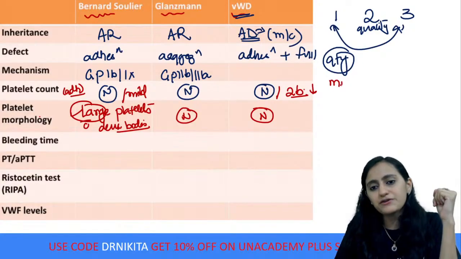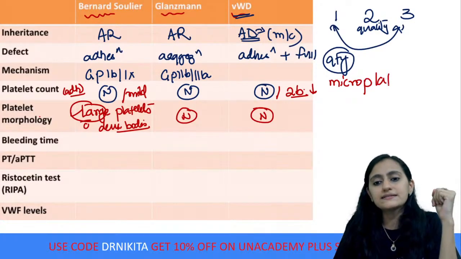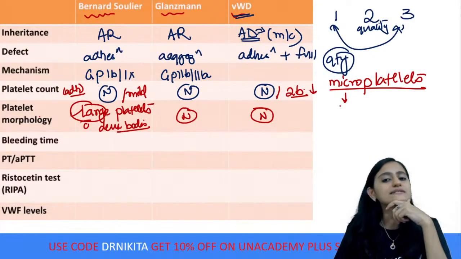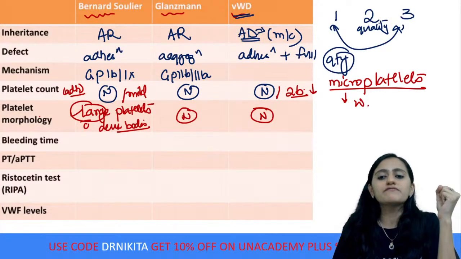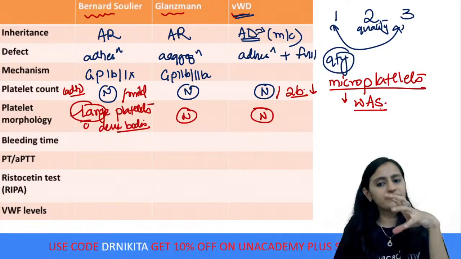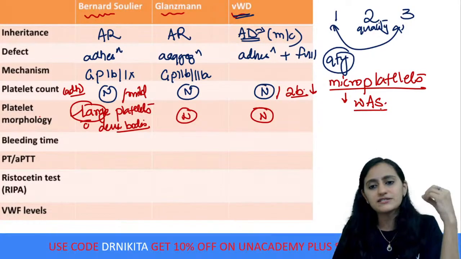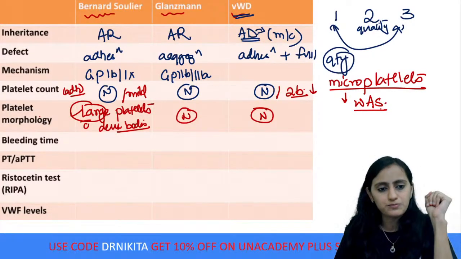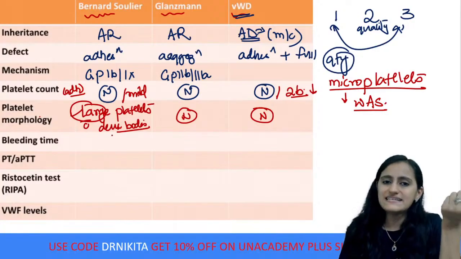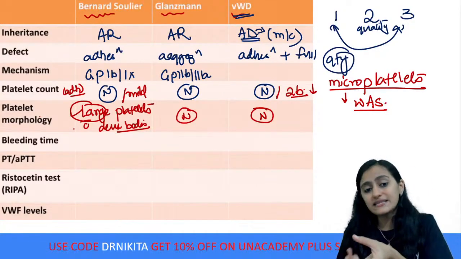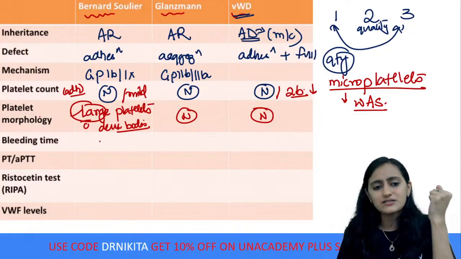Can you tell me where do you get microplatelets? Small platelets. Frequently asked question asked in recent NEET PG. It is your Wiskott-Aldrich syndrome. Very important. Wiskott-Aldrich syndrome has small platelets, microplatelets. Next one, bleeding time. We all said these are all your platelet disorders.